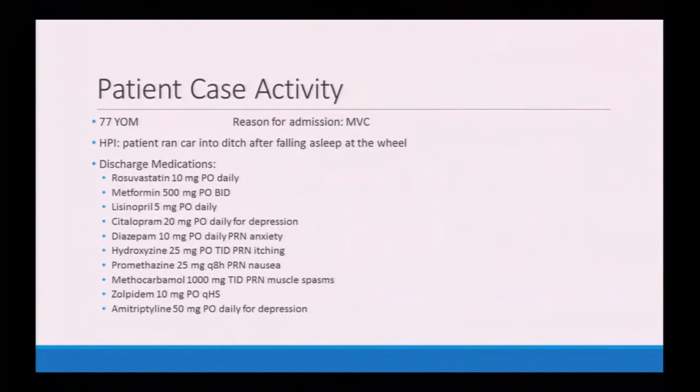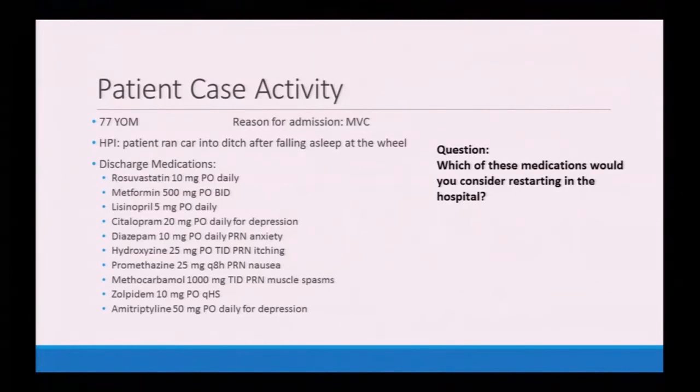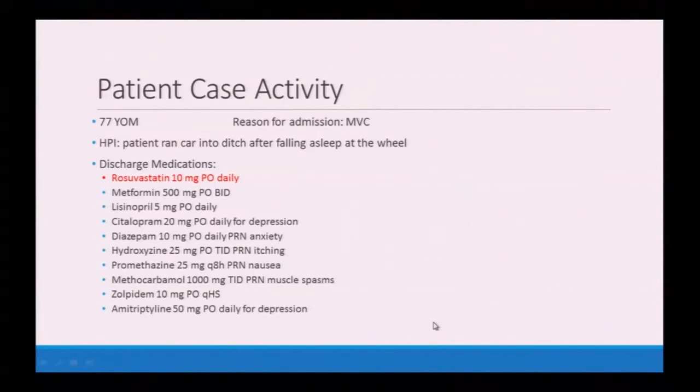So back to our patient case, the first thing I want to talk about are medications that you would consider restarting in the hospital. And so I'll go through each medication and kind of talk about the different questions you may ask yourself when you're thinking about restarting. The first one being the Crestor.